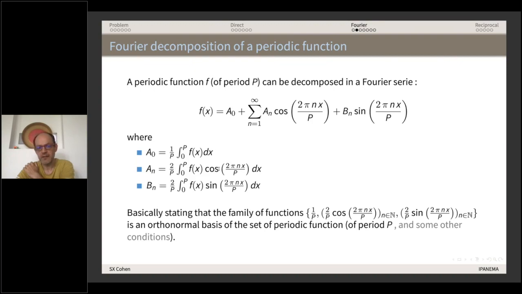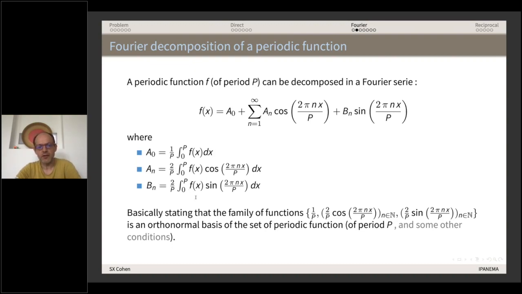So this is a scalar product between f and the cosine function, which has a frequency which is a multiple of the initial or principal frequency. And what we are stating is that this is an orthonormal base.